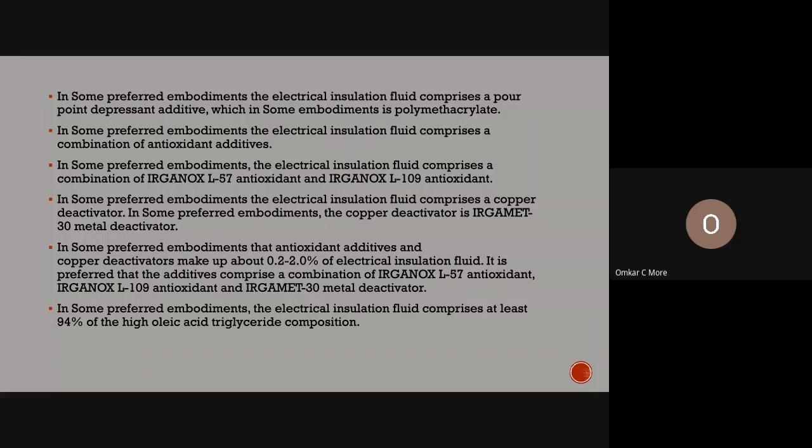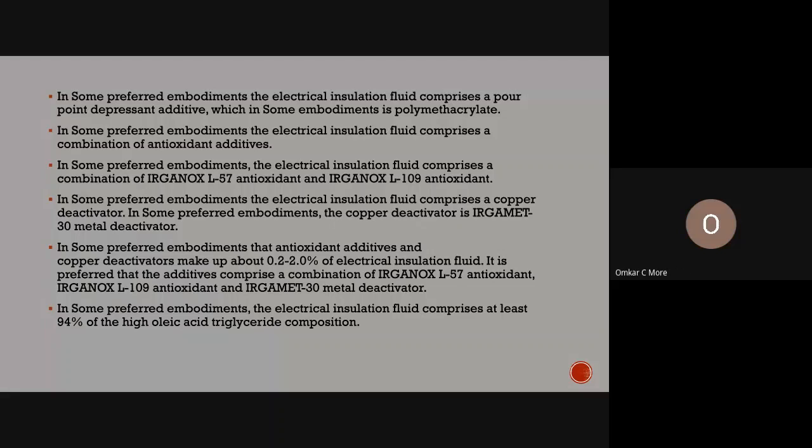Here it is given as some preferred embodiments. Embodiments means that out of many samples they have tested, they found the best suitable sample, and in that sample they observed this particular point.